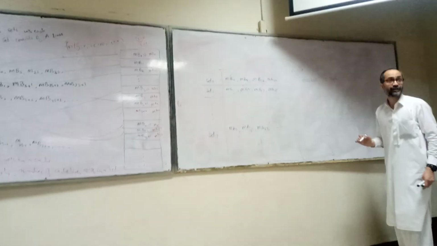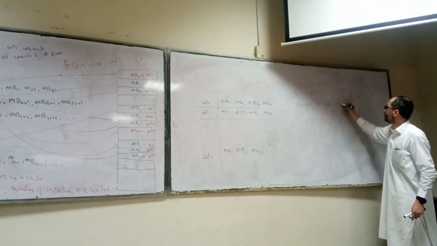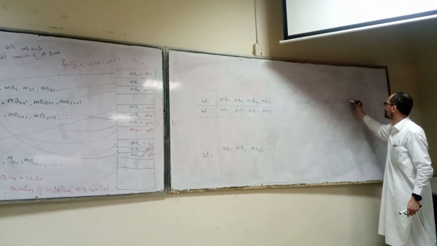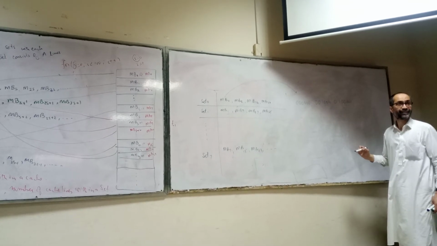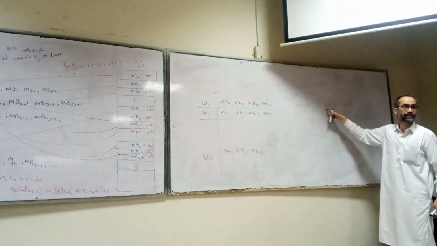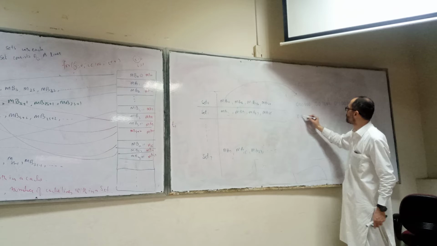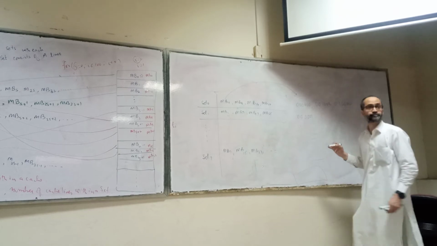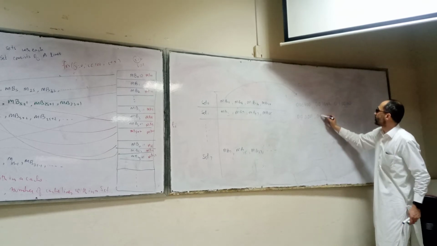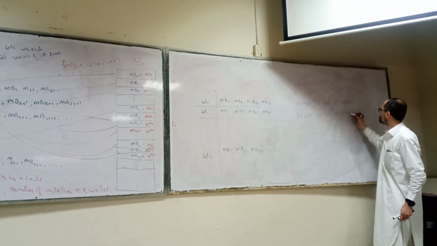Then 16 is 0, 1, 0, 0, 0, 0. Then 0, 0, 0, 0, 0, 1, then 0, 0, 1, 0, 0, 1, then 0, 1, 0, 0, 0, 1.